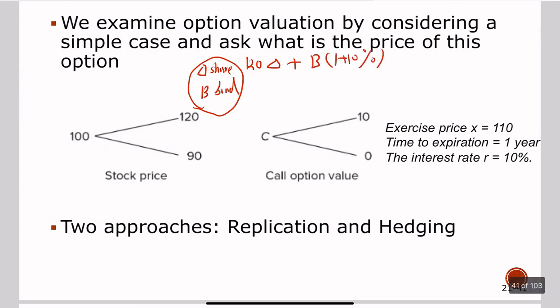And this has to be equal to 10. Similarly, if the stock price is 90, the replicating portfolio has 90 delta plus B times 1 plus 10% equals 0. So this is a joint equation, right? You have two equations with two unknowns. So of course you can exactly solve delta and B.